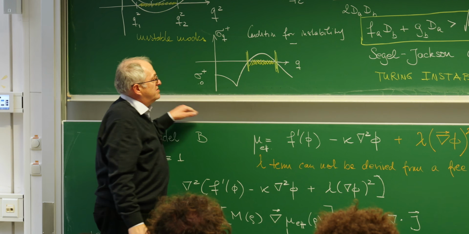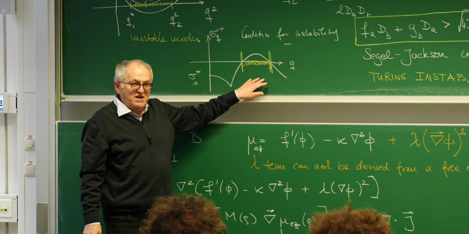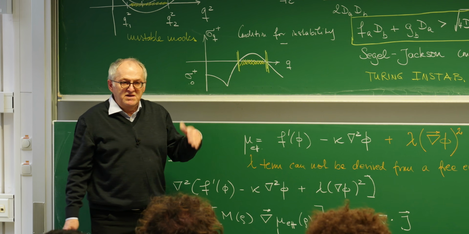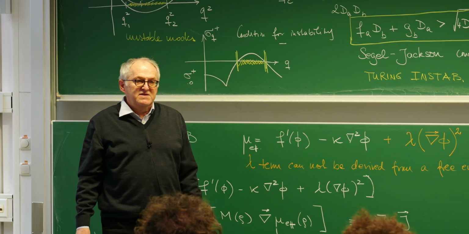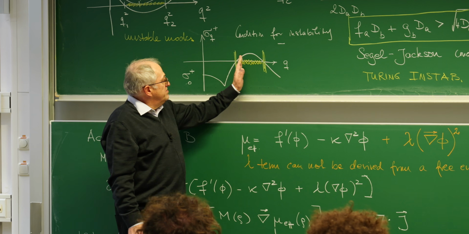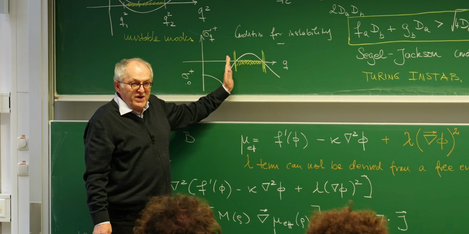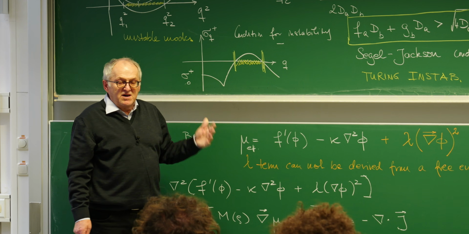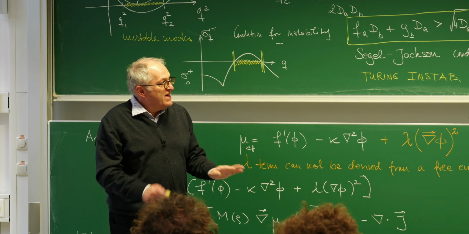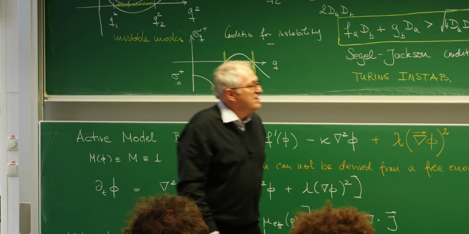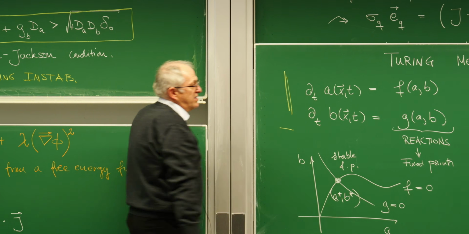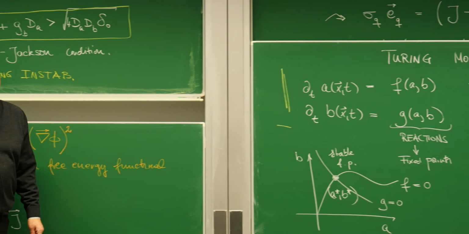People call this sometimes a type 1 instability, and the Cahn-Hilliard is one that's type 2. They're distinct because here you don't have long wavelength modes, in the Cahn-Hilliard model you have. So that's all we did for now: a mathematical stability analysis of a two-component model that Turing defined in his 1952 paper.